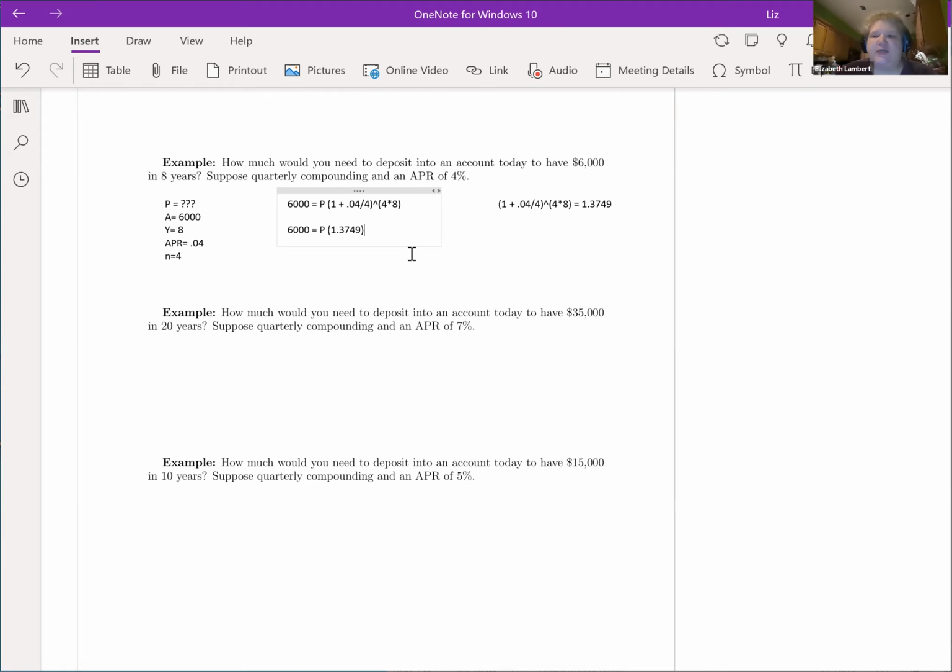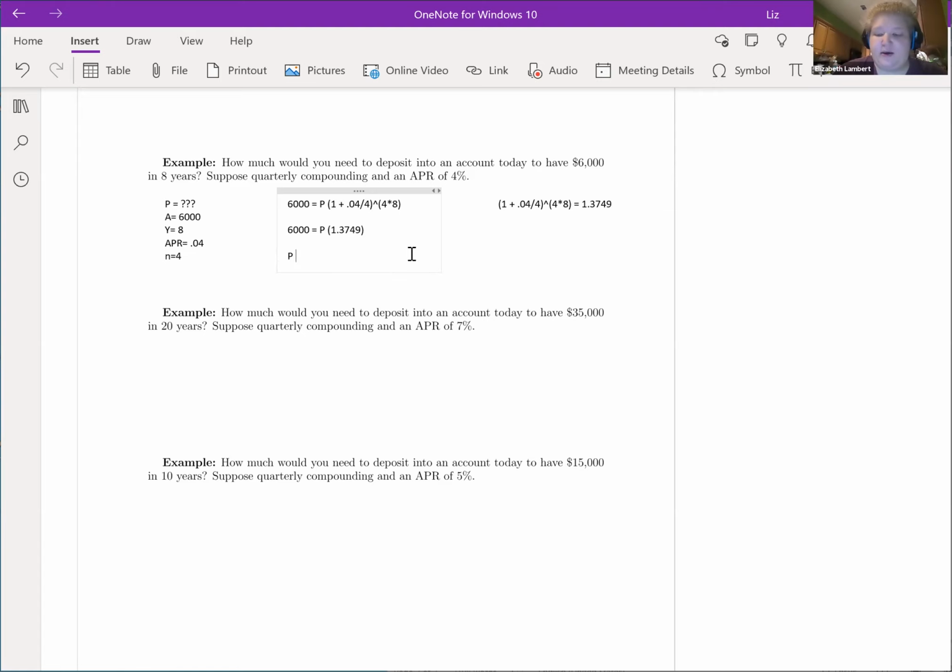So now the question is, what number do I have to multiply times 1.3749 to equal 6,000? Well, I could sit here and try numbers and guess and check, or I can take 6,000 and do the opposite of multiply, divide, and figure out what P is.